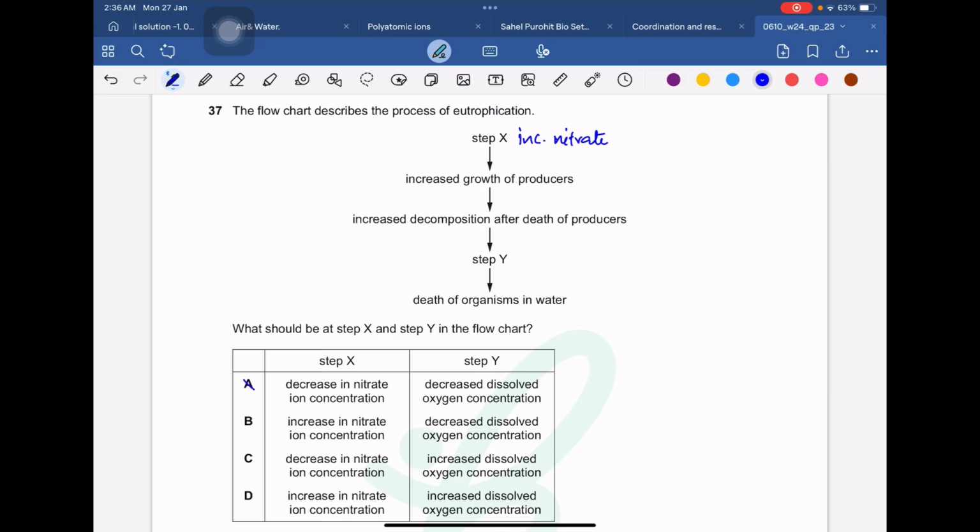So that's why option A and option C will be eliminated. Step Y is after increased decomposition after the death of producers. So that will cause a decrease in the BOD, that is decrease in the oxygen. So that's why decrease in dissolved oxygen concentration will be the answer, and the appropriate answer for this will be B.